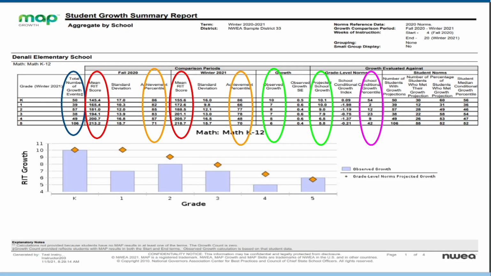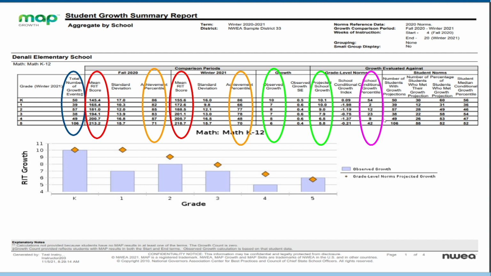So if students are growing at the 50th percentile or higher, they're exceeding the growth rates of their peers at that grade level. If that conditional growth percentile is under 50%, that means they're not growing as fast or at the same rate as other students at that grade level.